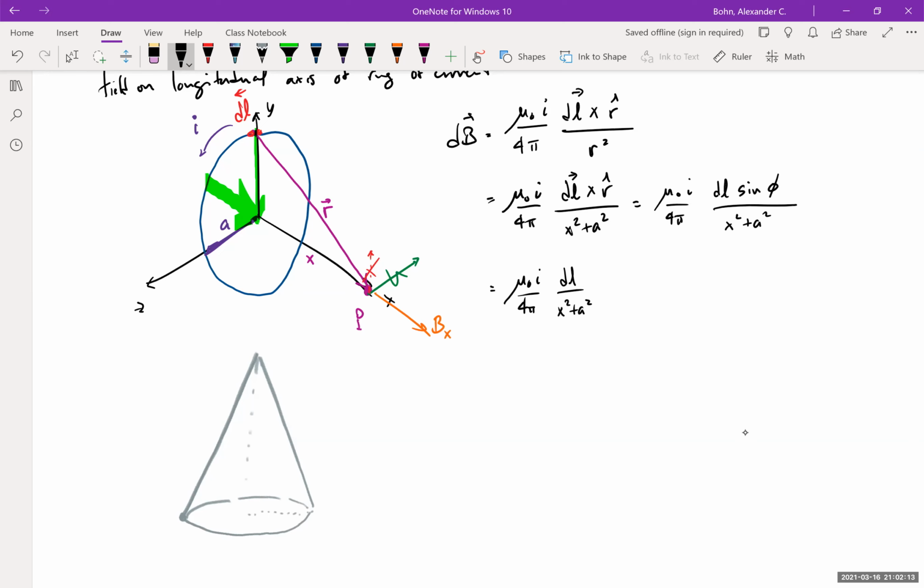Wait, that's the vector field. We need the x component. Now we need the angle that we were looking at before. The angle between pink and green is 90 degrees.